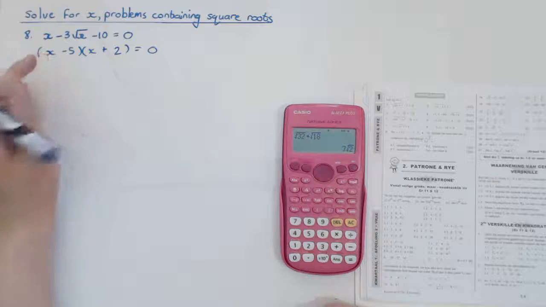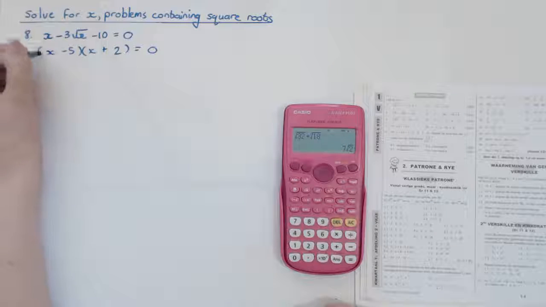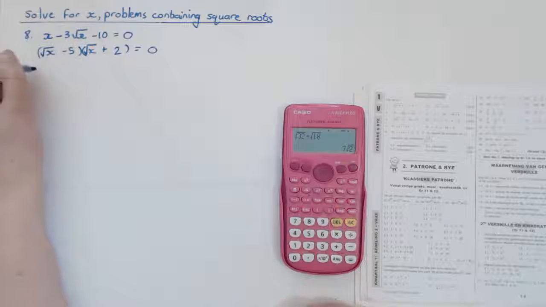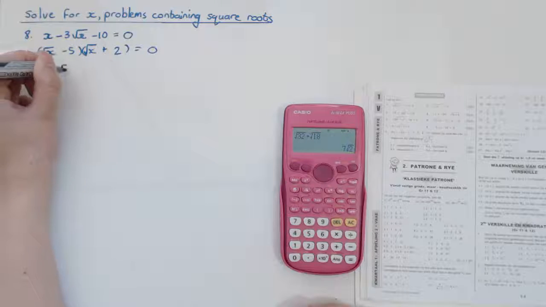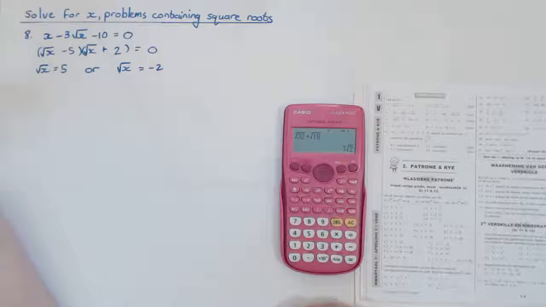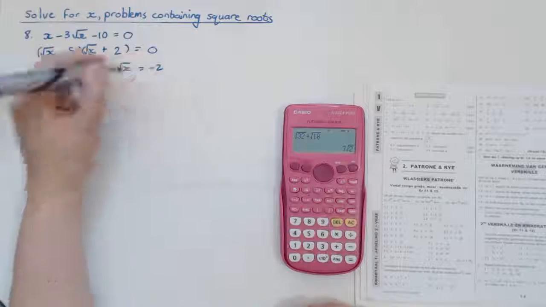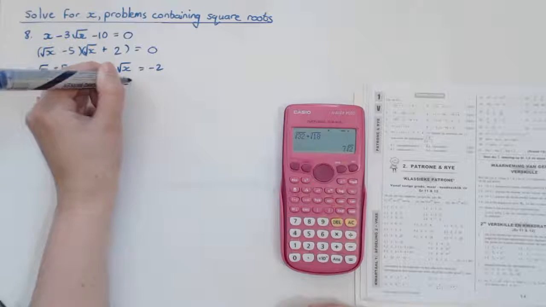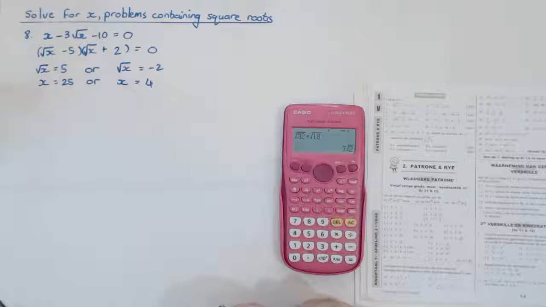But now to fix this, I must just put roots over both these x's, because instead of an x, I've got a root x in here. So from that, I've got root x is equal to 5, or root x is equal to minus 2. And if I square both sides, I've got x is 25, or x is 4. This is just so much easier than the previous method.